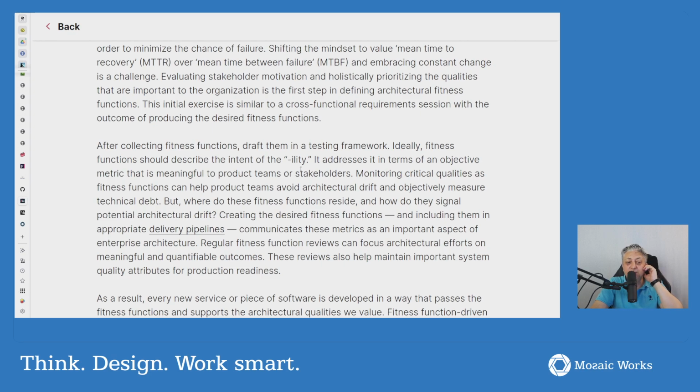I would say this is the first step in figuring out good architecture, because if you don't have these right, you will not get to an architecture that matches the needs of the business. And the challenge here is, if you ask business people, product people, they will tell you everything is important. Performance is important, stability is important, scalability is important.